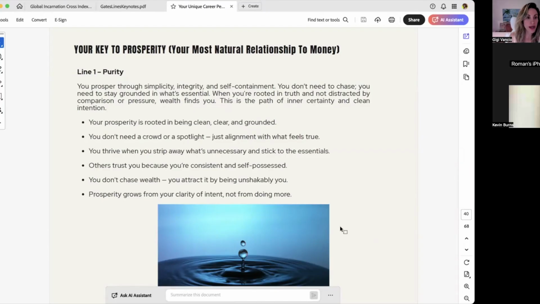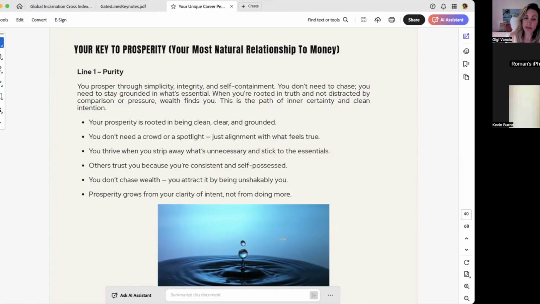So we'll start with line 1. If you have line 1, you prosper through simplicity, integrity, and self-containment. You don't need to chase. You need to stay grounded in what's essential. When you're rooted in truth and not distracted by comparison or pressure, wealth finds you. This is the path of inner certainty and clean intention. Prosperity is rooted in being clean, clear, and grounded.